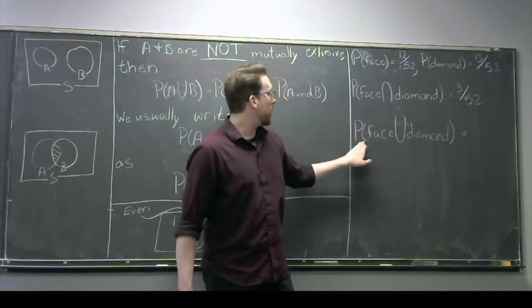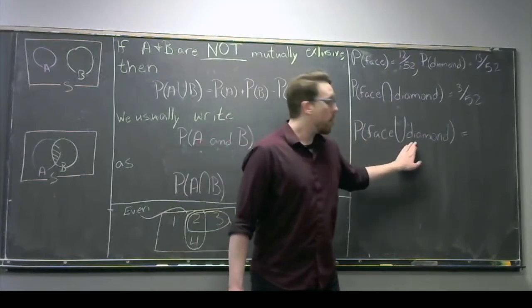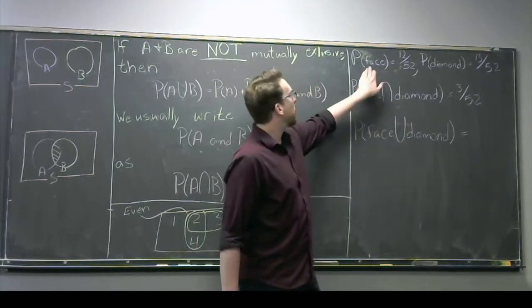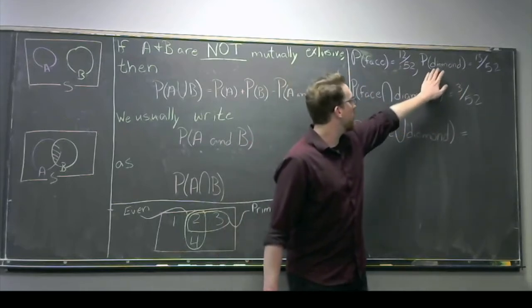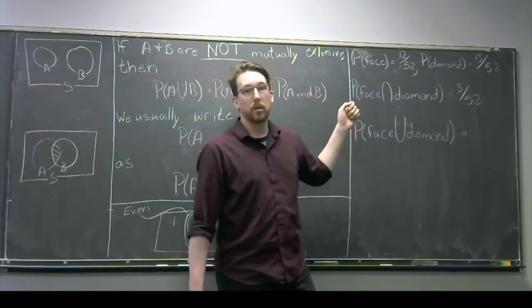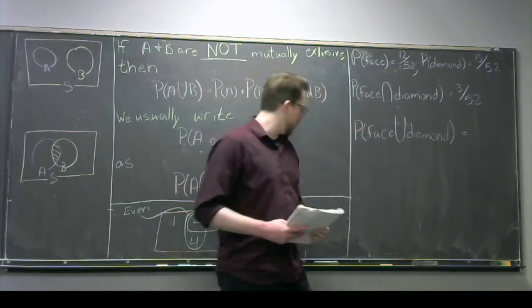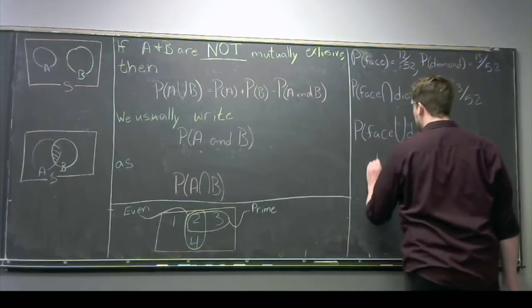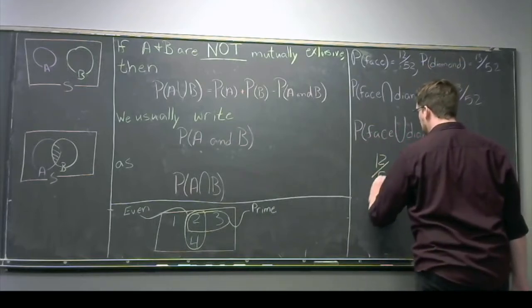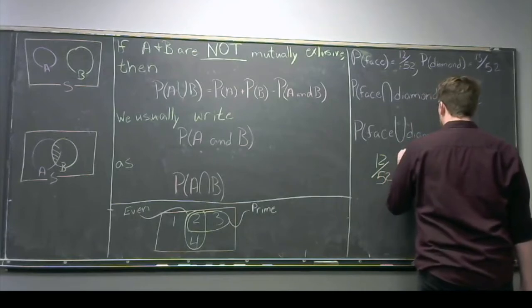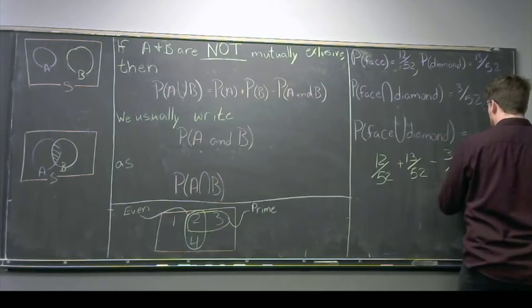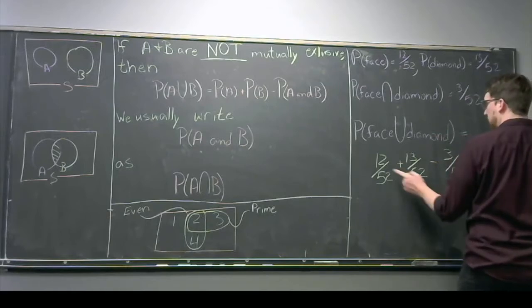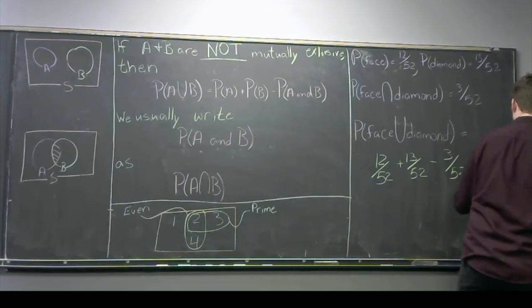So here, to find the probability of pulling a face or a diamond, we have to add the probability of pulling a face to the probability of pulling a diamond, and subtract the probability that the card we pull is a diamond face card. What that looks like now is 12 out of 52 plus 13 out of 52 minus 3 out of 52 is equal to 22 out of 52.